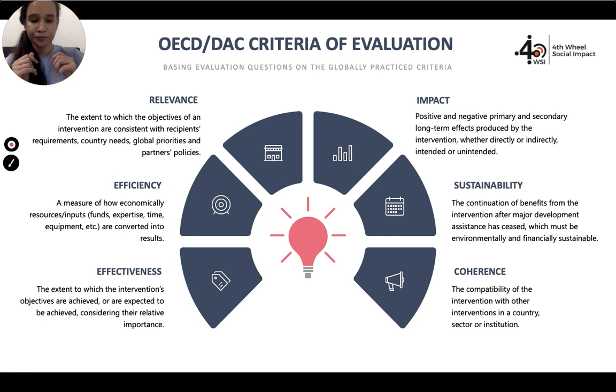For example, if through our digital infrastructure program we are working towards increasing learning outcomes, what other organizations or government schemes exist that we can build into our program? So, looking at coherence.